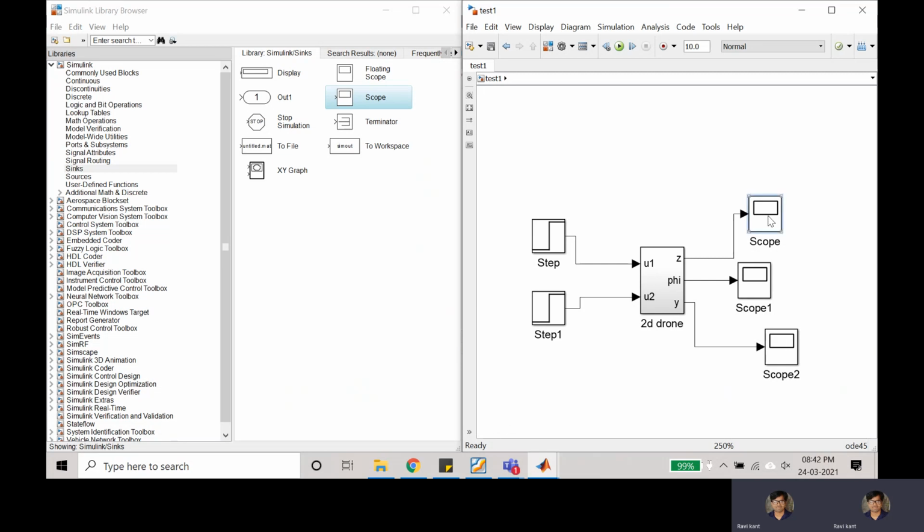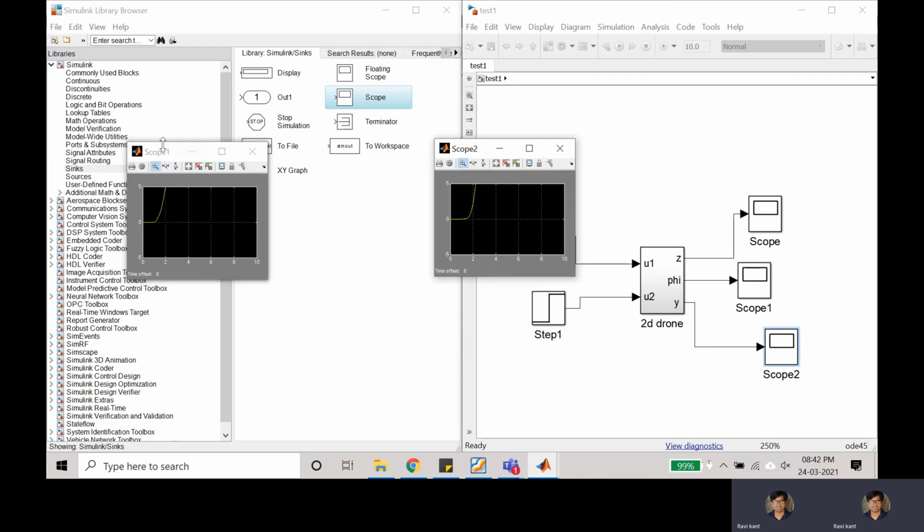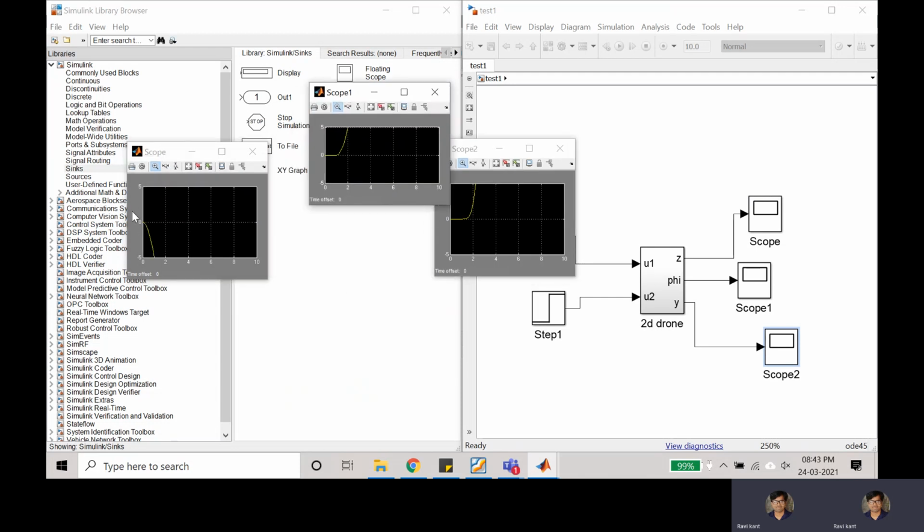Now we are going to see the scope, what is there. See, your plant is unstable. You can see from here. I can rescale it.